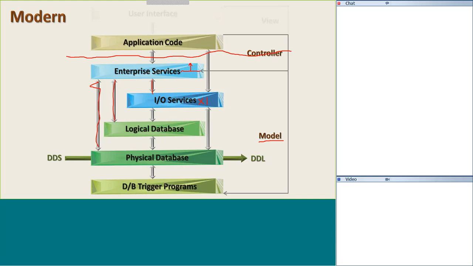I'm going to put in the user interface, which comes above that. The user interface forms the view, which interacts with the application code and through the application code with the database, but has no direct access to the database.